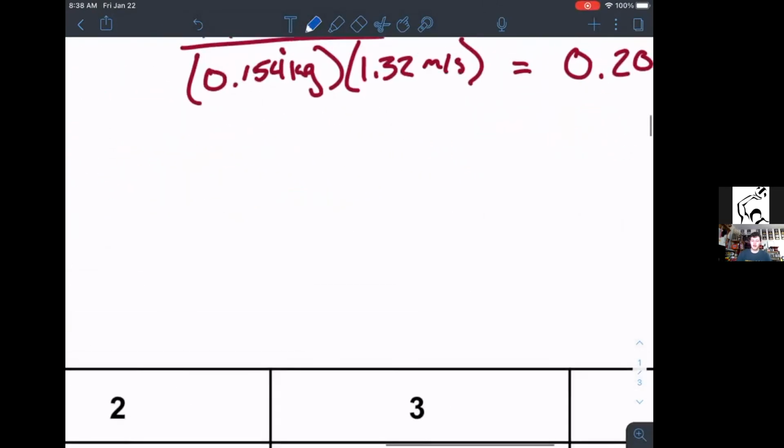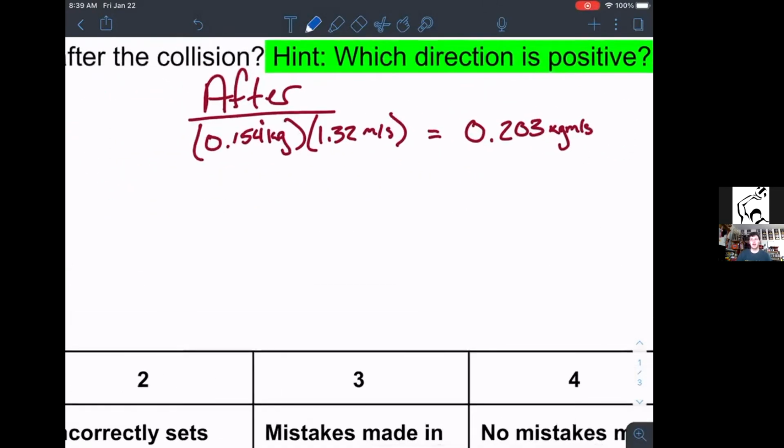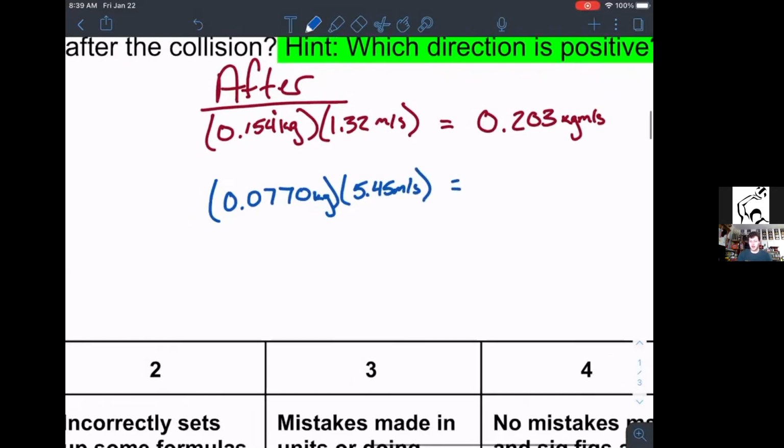And for the momentum after the crash, our mass is still 0.0770 kilograms times our velocity, which is 5.45 meters per second, to give us our final momentum of 0.420 kilogram meters per second.